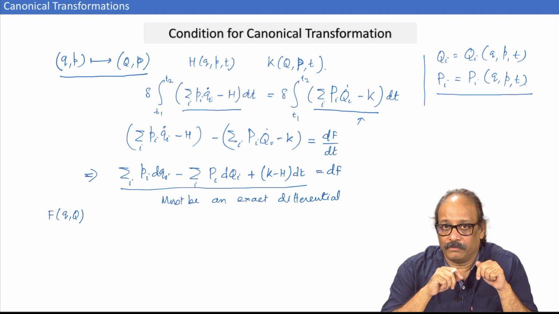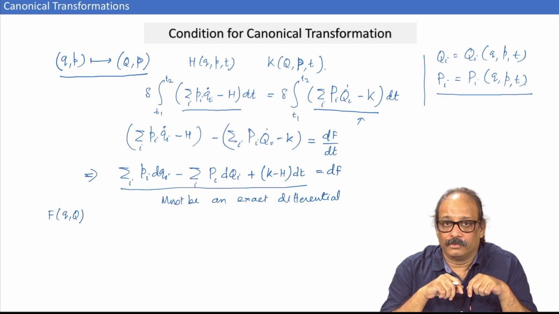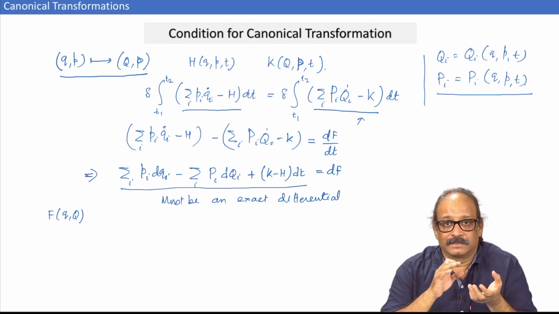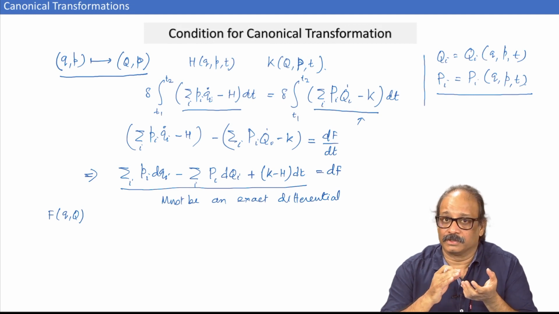It may not always be possible to write capital F as a function of 2n variables of your own choice.